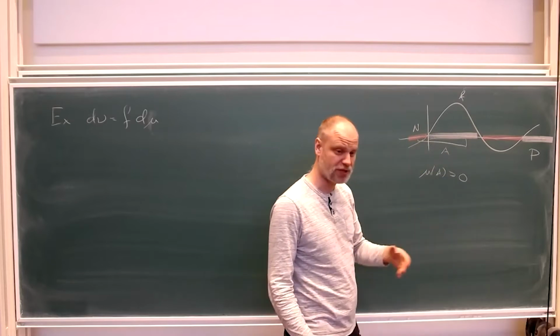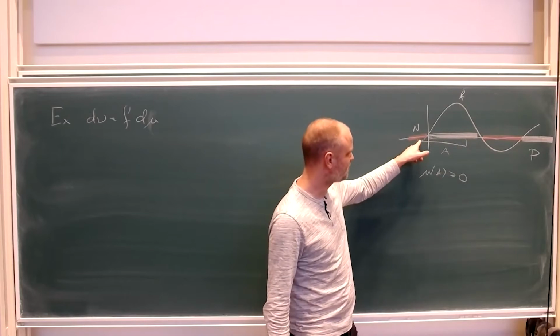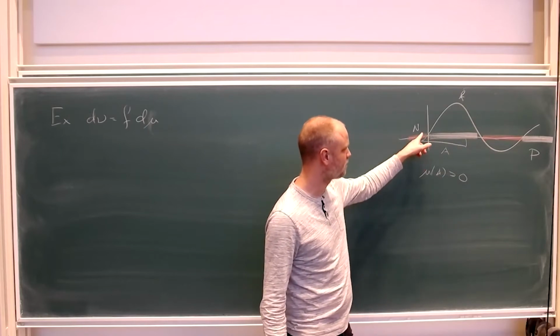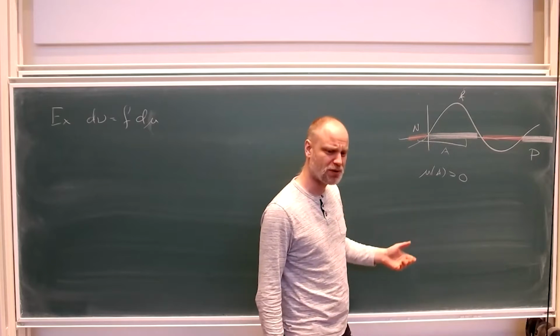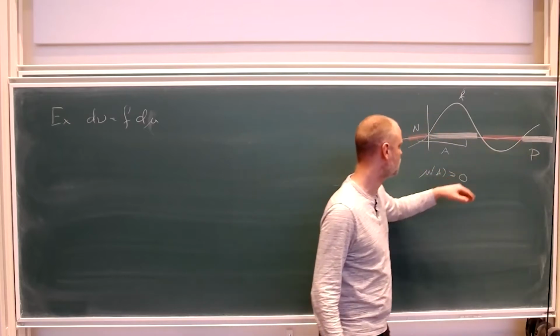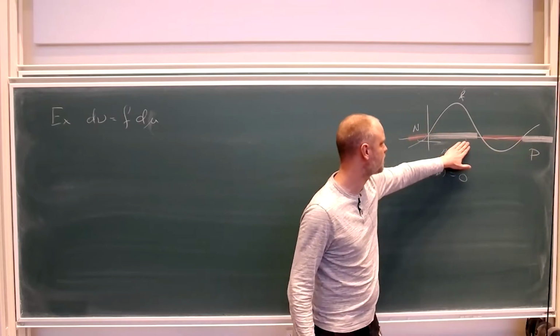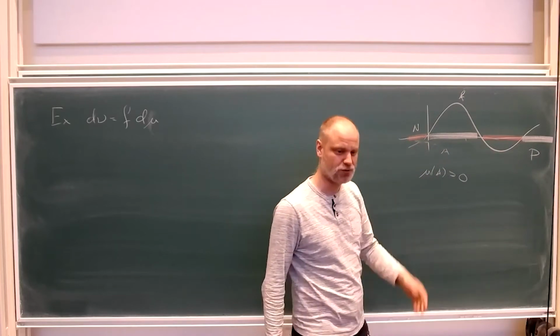So this is a positive set in the sense that the measure is positive, but it's not a positive set in the sense that you have this piece here where the function is negative. So we don't want to talk about this as a positive set. This guy P here, the white one, is in a sense much more positive. But how do we characterize that?